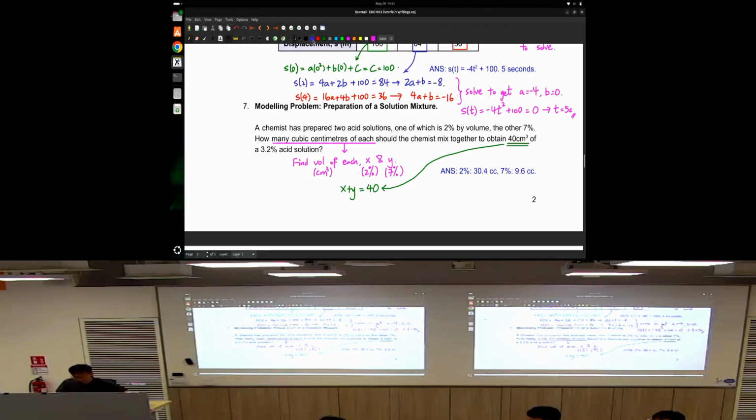So then the second equation is what? Second equation must be 3.2%. Okay, so because it's by volume, the percentage is by volume. So therefore you can straight away use the percentage values directly.